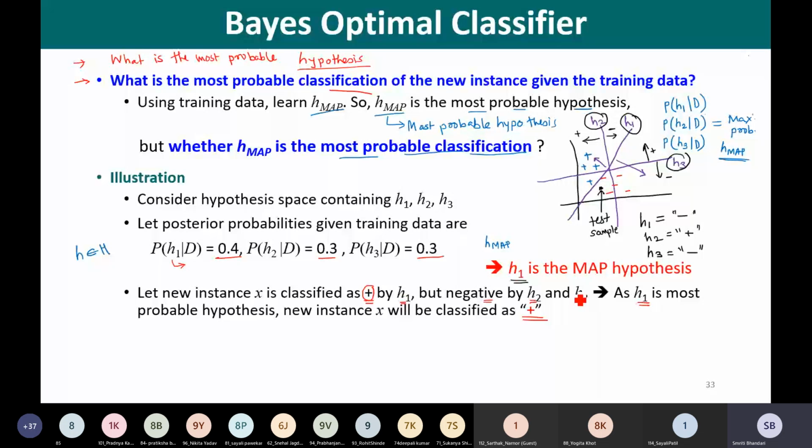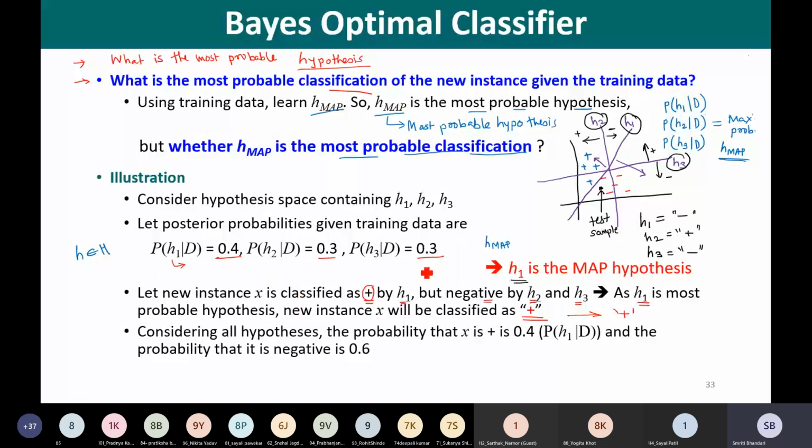But if we consider all these three hypotheses that we are having, the probability that X is positive is 0.4 because only H1 has classified the test sample as positive. So the probability that my test sample X is positive is 0.4.